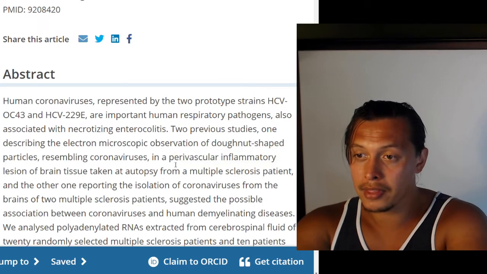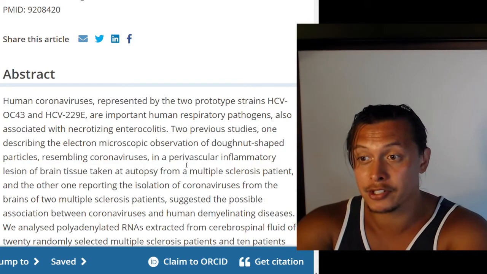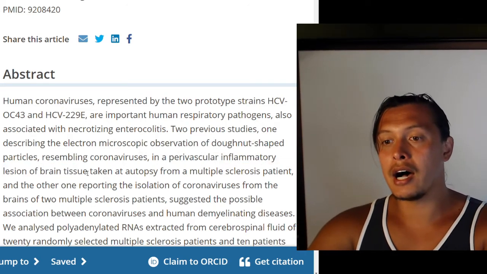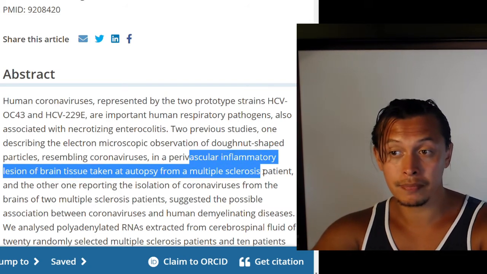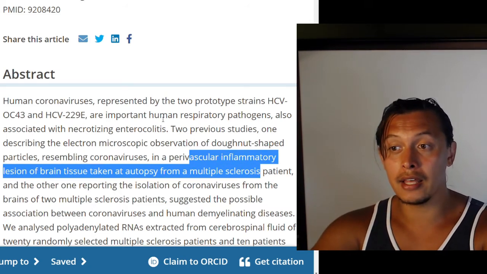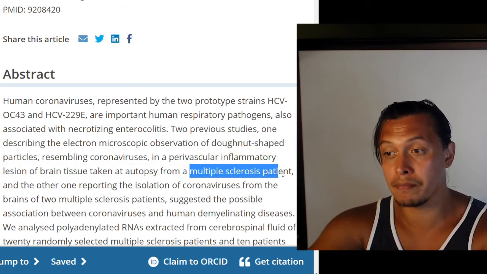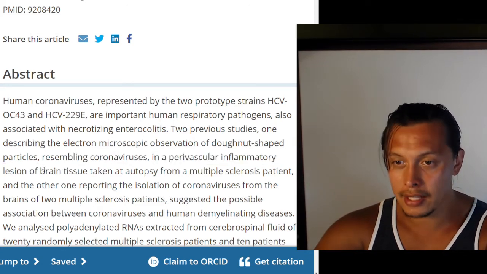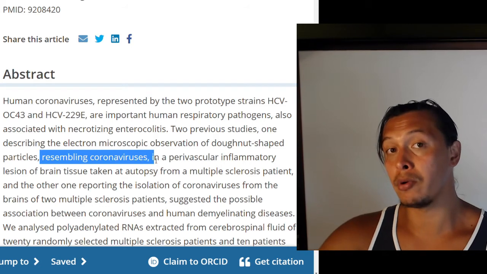So they had perivascular inflammatory lesions. So this perivascular space was getting inflamed and causing lesions of brain tissue. And this was taken at an autopsy from a multiple sclerosis patient. So in previous studies, they have seen that in a multiple sclerosis patient autopsy, they saw these lesions, and in the electron microscope, they saw particles that resemble coronaviruses.